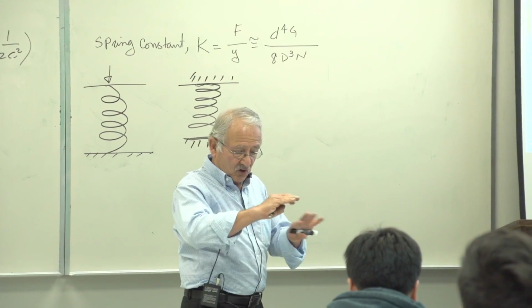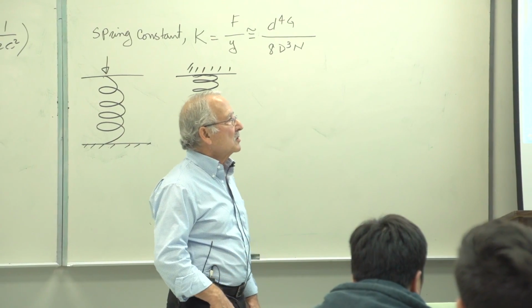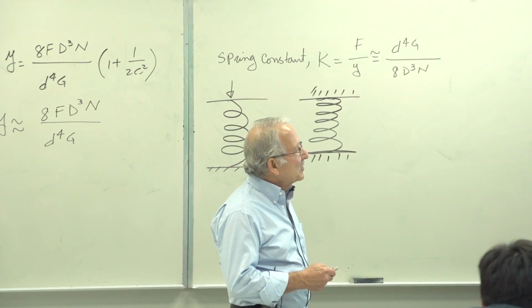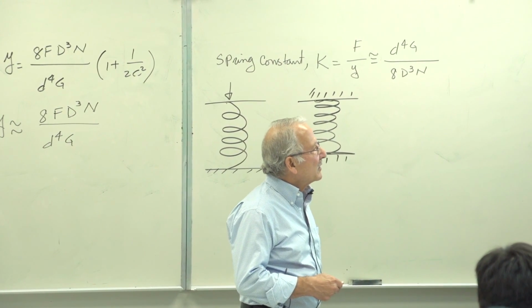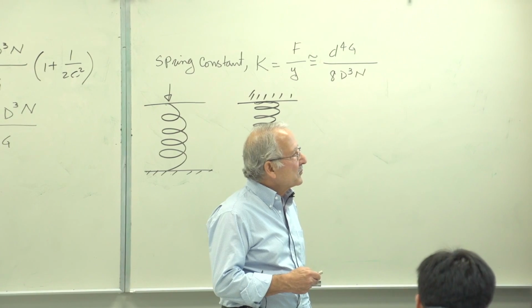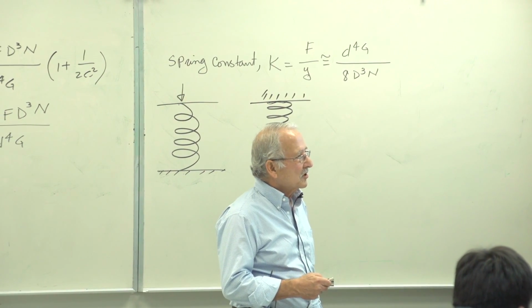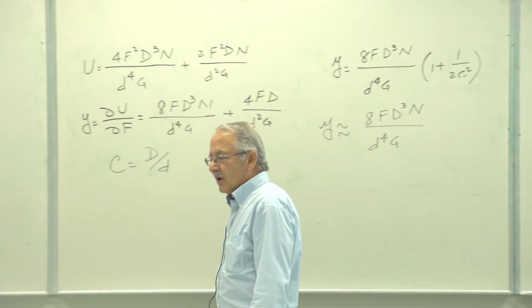If it's plain, just grind it. Square and closed, or square and closed and ground. And you do see a little bit of difference in the free length here and the solid length. And let me define that too in just a minute. You'll see a little bit of difference insofar as these lengths are concerned. Those differences are really very, very minor.